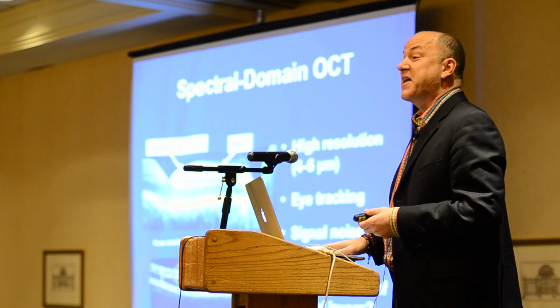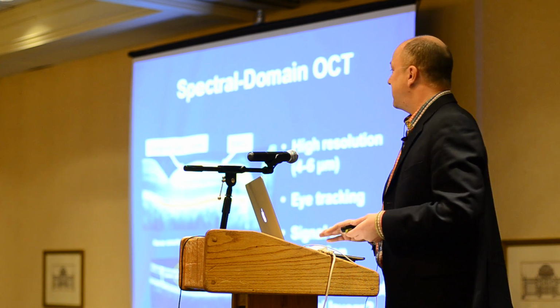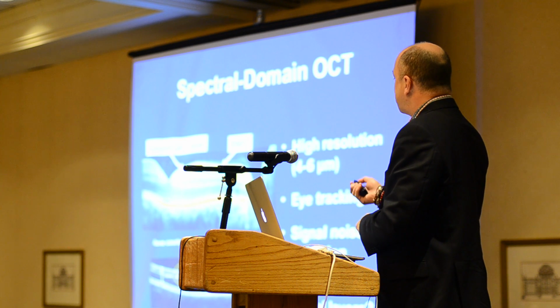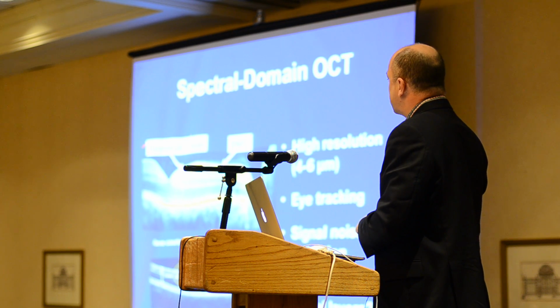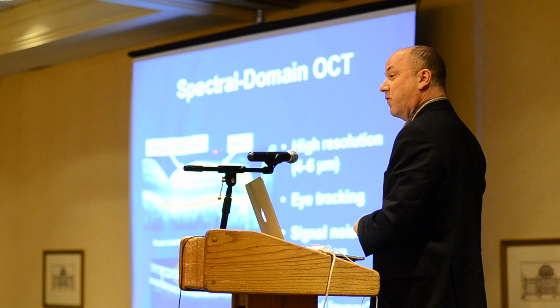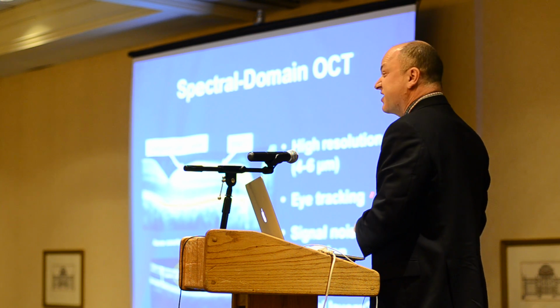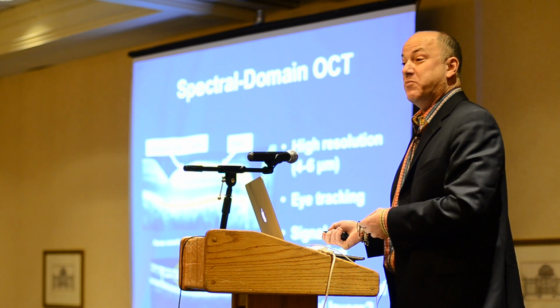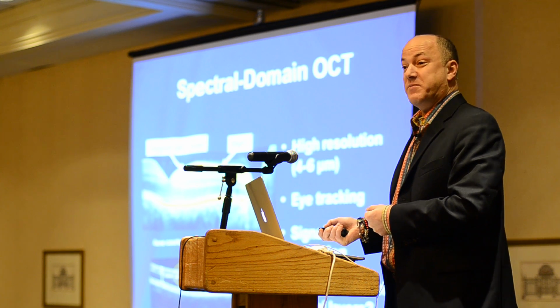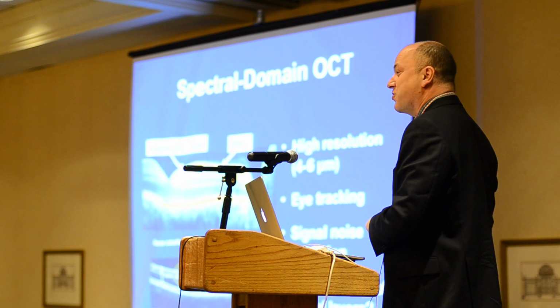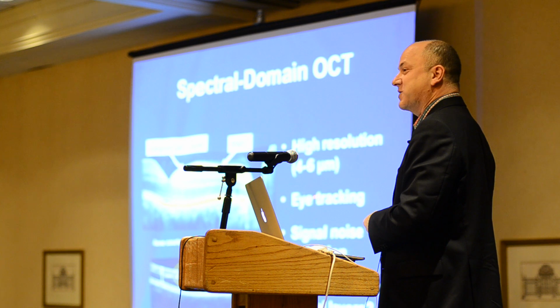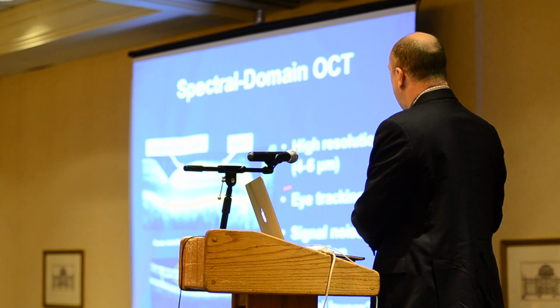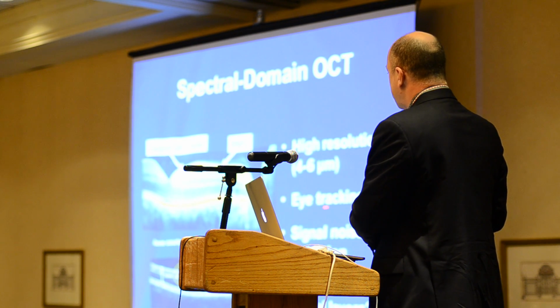We're also getting better with our OCTs. We have what's called spectral domain OCT, which gives us prettier pictures than ever before. It allows us to track you, so when you get bored of looking at the light for a couple seconds, the machine can turn off and return on and ignore your lapses in following directions.